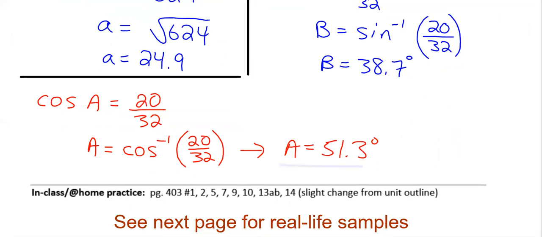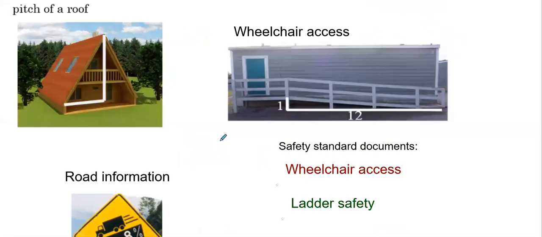I'm just going to go through a couple more things just to help you out a little bit. So there are things you'll come across in terms of problems online and in the textbook. Something called a pitch of a roof. That's referring to the angle of the roof here. And as you can see, there's a little right angle built in here, so that's why right angle triangles come in handy. Wheelchair access ramps, again, they have certain measurements that are required to be used.